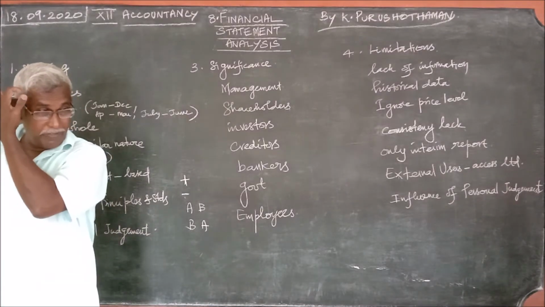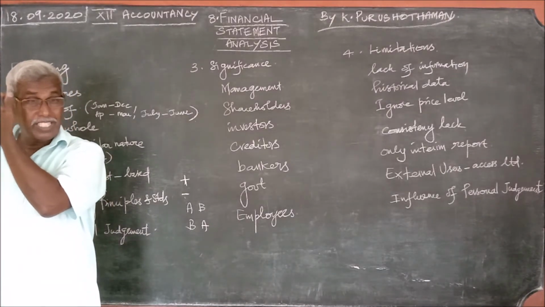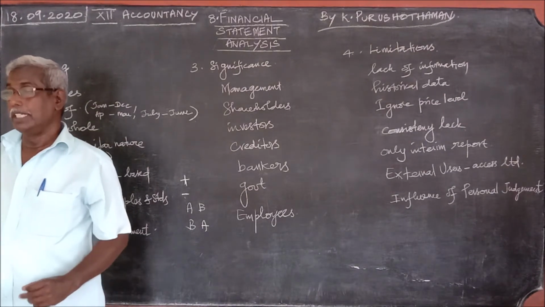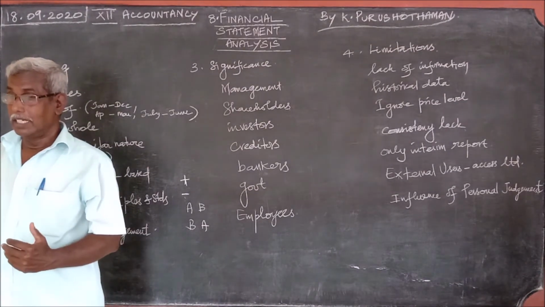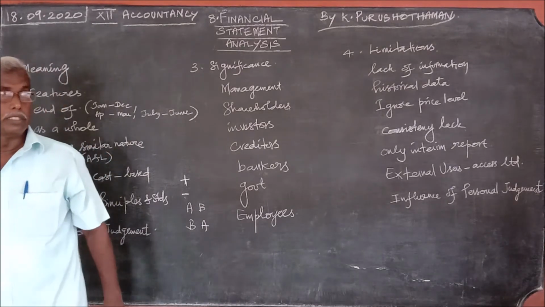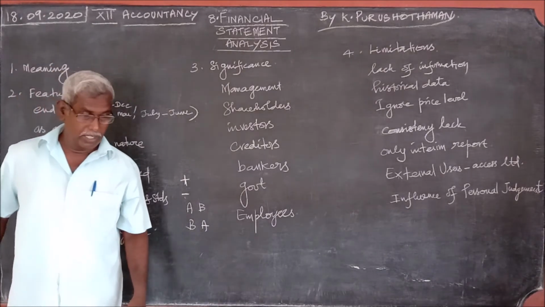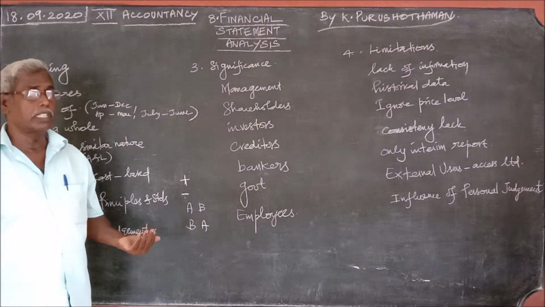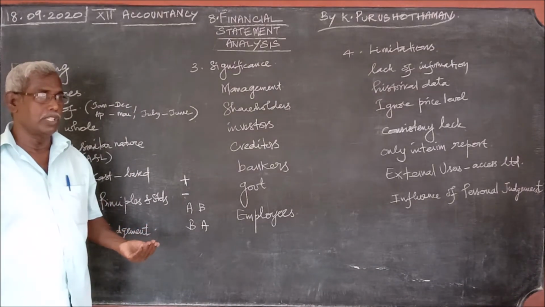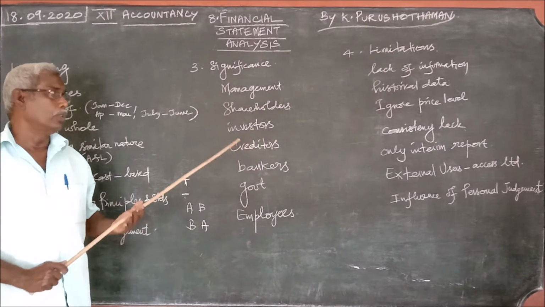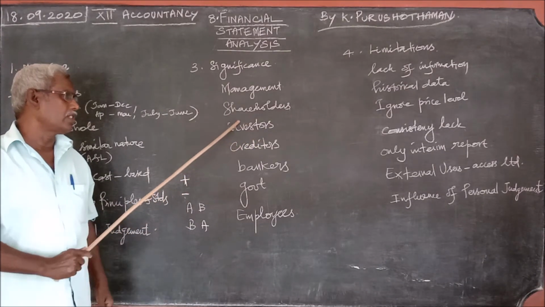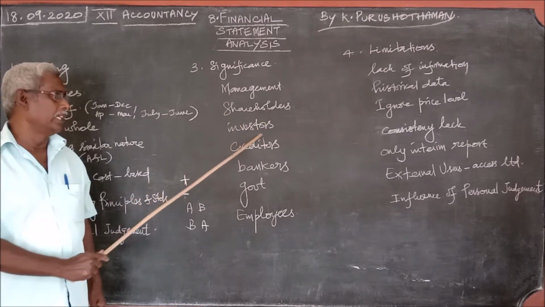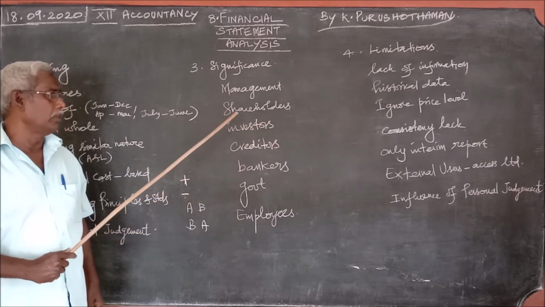For that, they will see whether the business where they want to invest is run profitably or not. Whether the business is run at a loss, is there any future for the business? Whether the nature of the business is okay, all those things they will first consider, and then alone they will invest the money or anything else into the business.